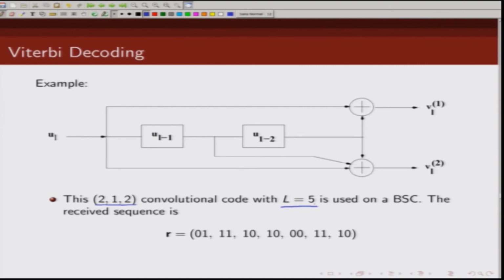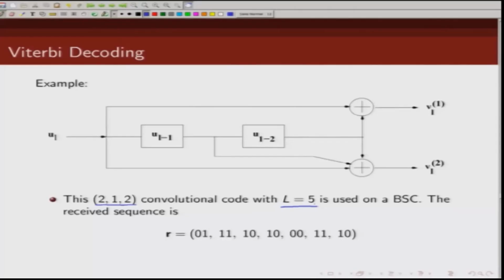Now, since its memory is 2, we require 2 bits to bring it back to the all 0 state. So, in total we are transmitting 5 information bits plus 2 tail bits, which is 7 bits, and since it is a rate 1/2 code, 7 bits will result in 14 coded bits.